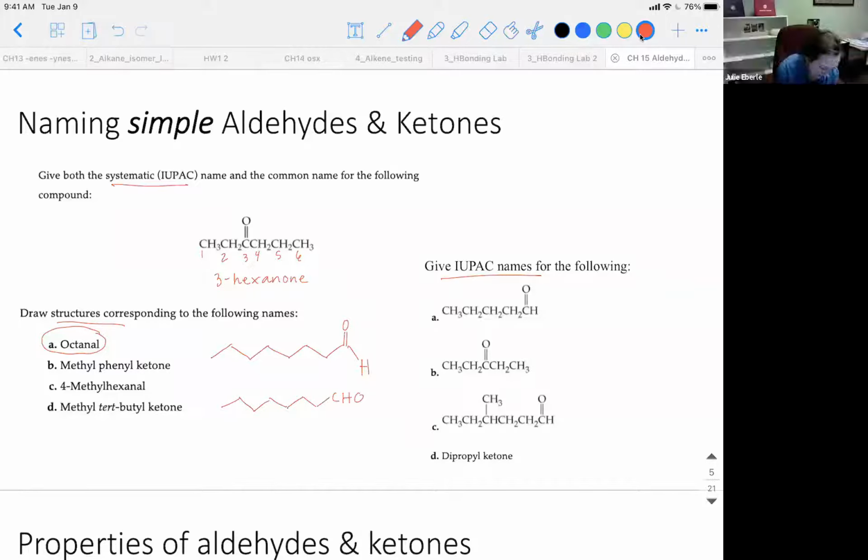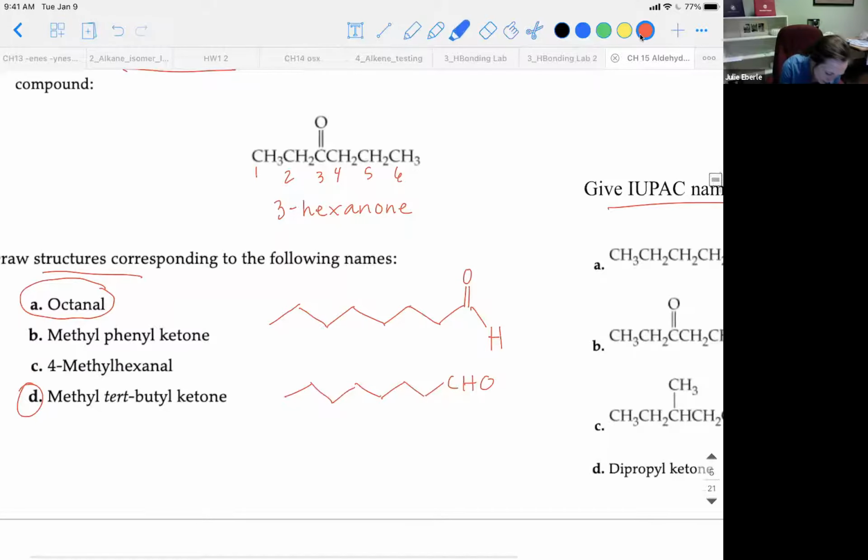All right, I like D as well. Let's look at D. This is a common naming, and this is a ketone. Methyl tert-butyl ketone. Now, by the way, I did want to ask you, does anybody remember what a phenyl group is? Because if you try to draw that one out later on your own, what is a phenyl group?